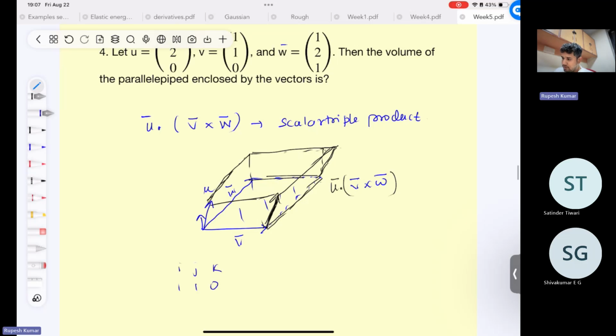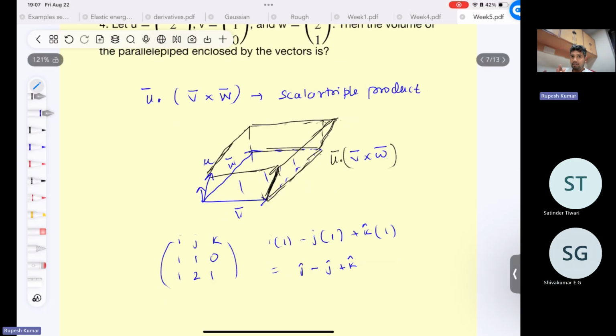i j k, 1 1 0 2 1. Is this coming out to be in the z direction? No, it is not, right? This is not a vector in z. It is a vector in the 3D space, not only in the z direction.